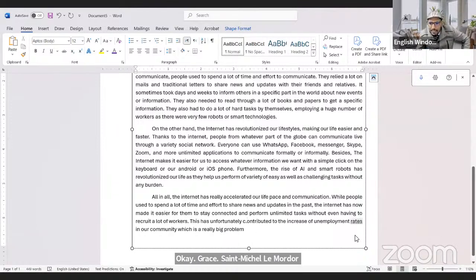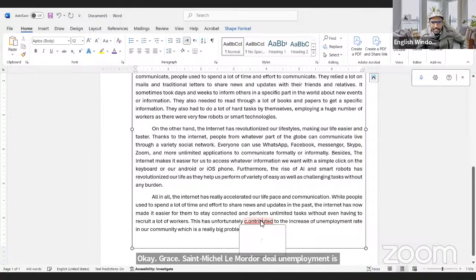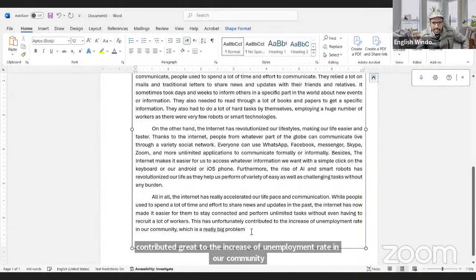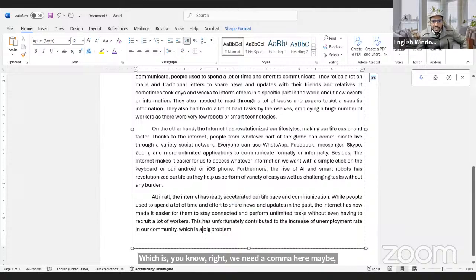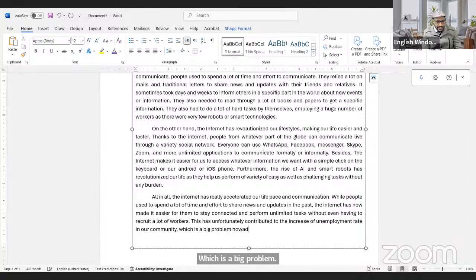Contributed to the increase of unemployment rate in our community, which is a big problem nowadays, great.